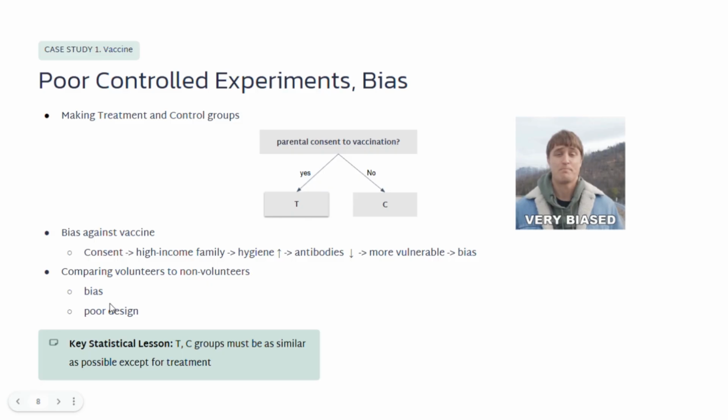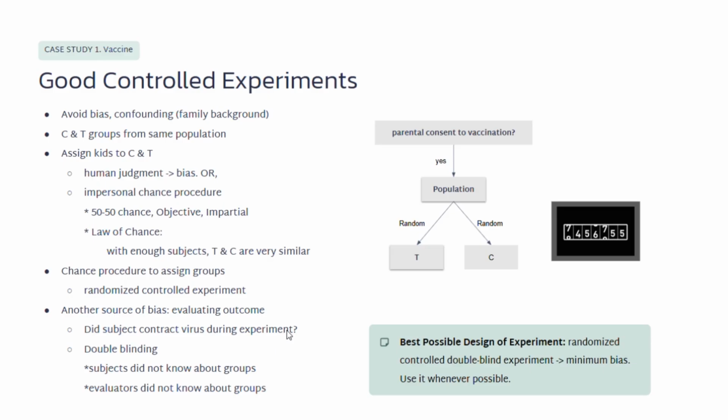Another possible control design, which we call a good design, is where you have no bias or have tried your best to minimize the bias. How do you do that? To avoid the bias, you have to avoid mixing family background effects, the hygiene effects, and everything else with the effect of vaccination. So how do we do this?